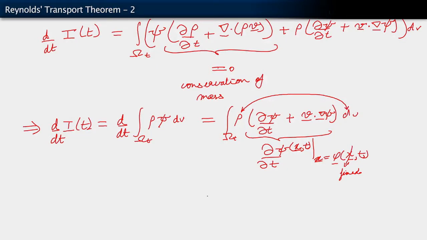Equivalently, we can think of this as an integral over the spatial volume, over the spatial configuration, of the material time derivative of psi, where psi is parameterized by spatial position and time, but the type of time derivative we are taking is a material time derivative.